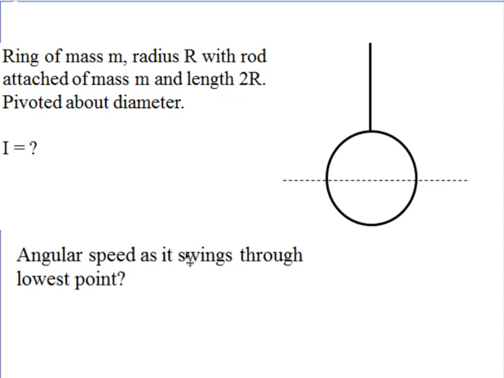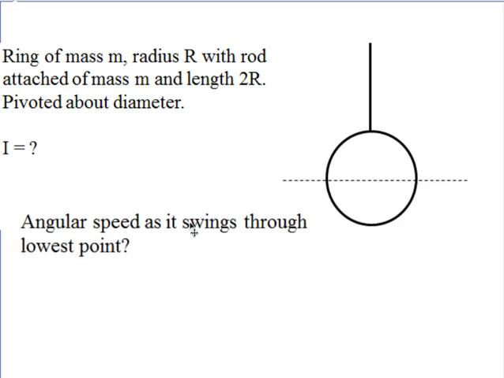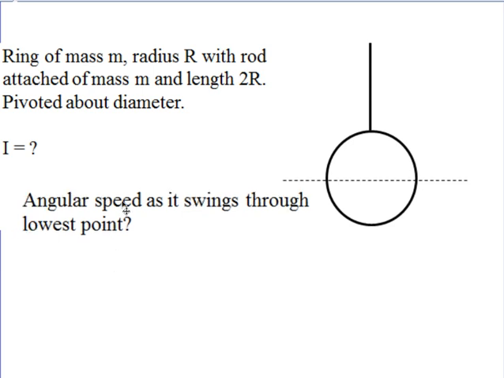Now, once you've got that rotational inertia, you're ready to do the angular speed as it swings through its lowest point. This is the thing that it is so important that you follow me as I work with this. You cannot do this problem in terms of the kinematics formulas.